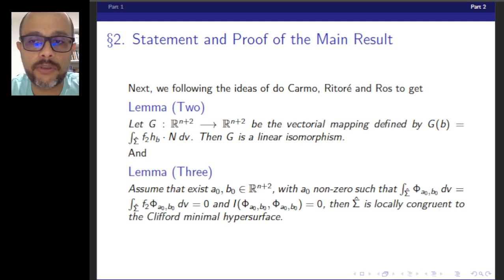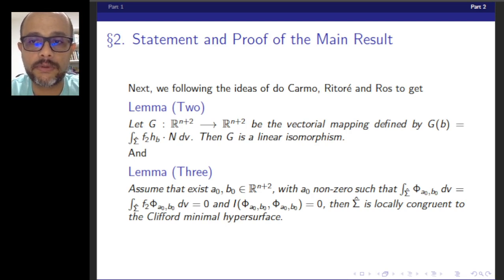In such conditions, the manifold sigma hat must be locally congruent to the Clifford minimal hypersurface. So it is very rigid, but we are assuming that phi_{a_0,b_0} is in the kernel of the J operator.